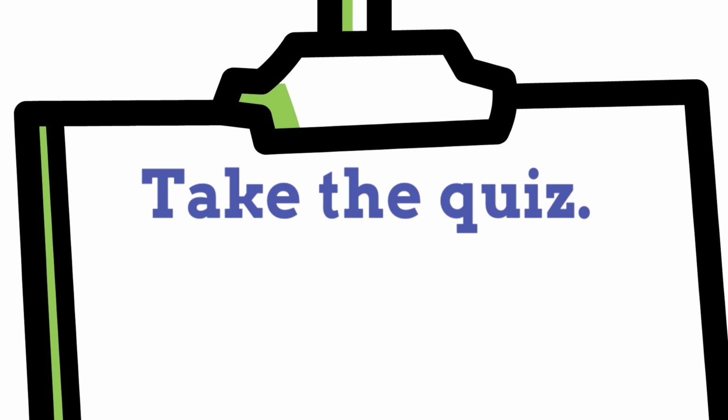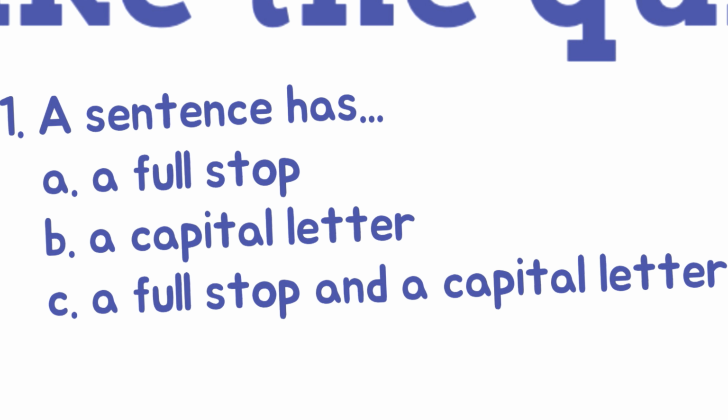Now it's time to check the answers of the quiz which we had in the beginning of this lesson. The answer of the first question is, a sentence has a full stop and a capital letter. So option C is correct for the first question.